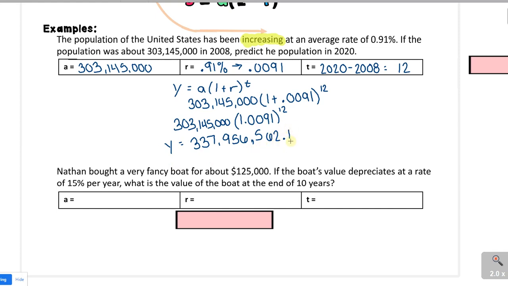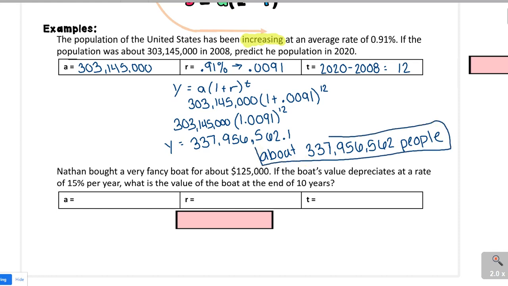So we can't have 0.1 of a person, so we need to round. And we are going to round down. So there is about 337,956,562 people. So that is our answer there.